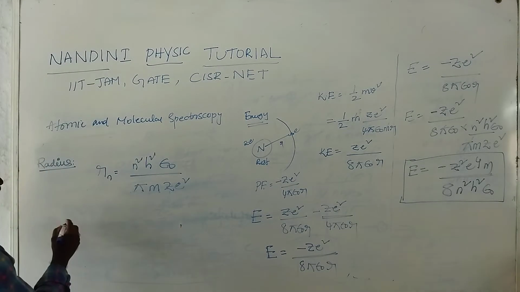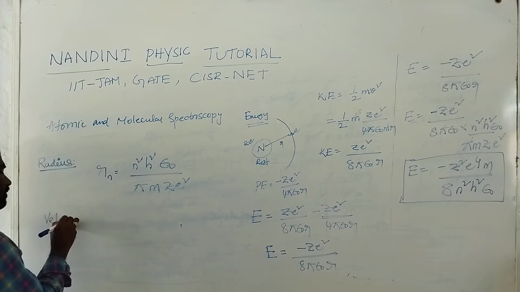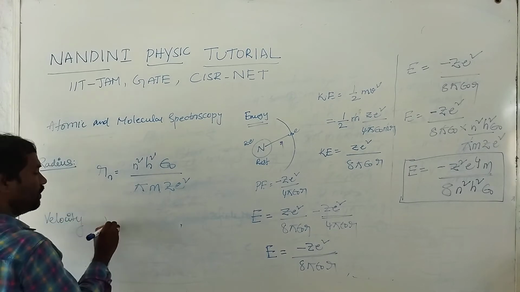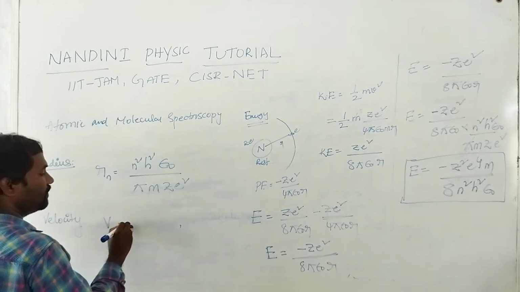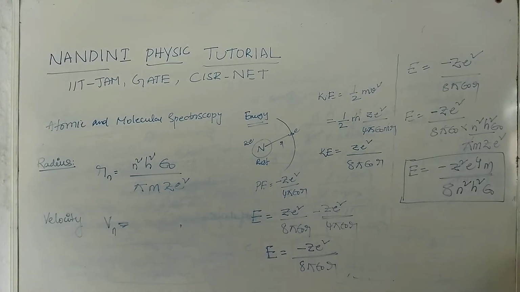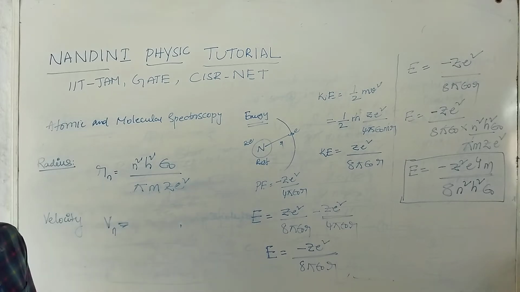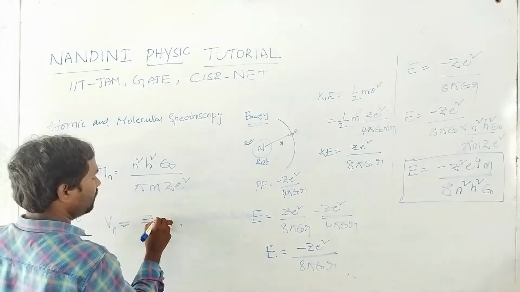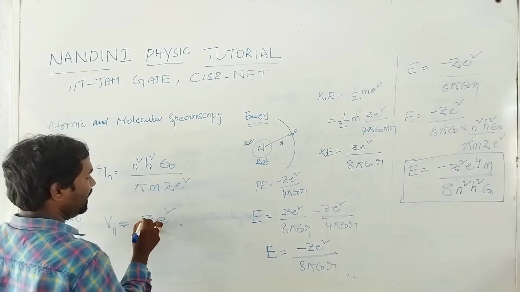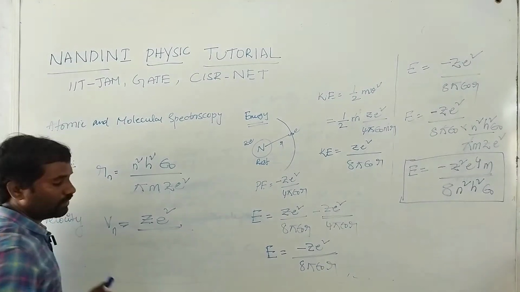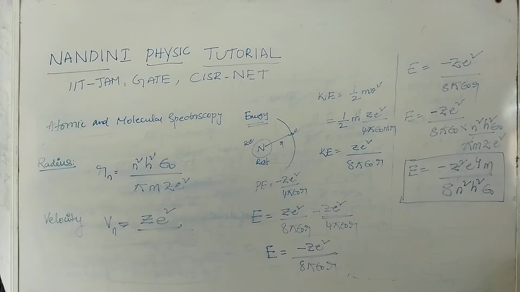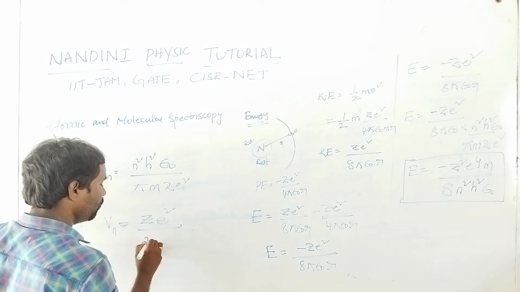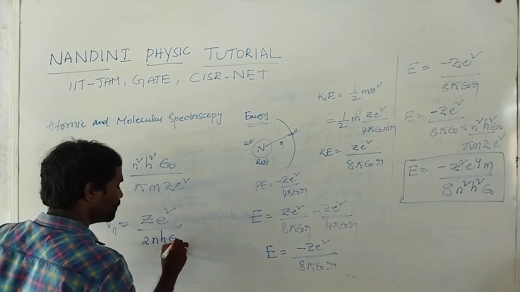And next, velocity. So velocity v n is the velocity equation for nth state. v n is equal to Z e square divided by 2 n h epsilon naught.